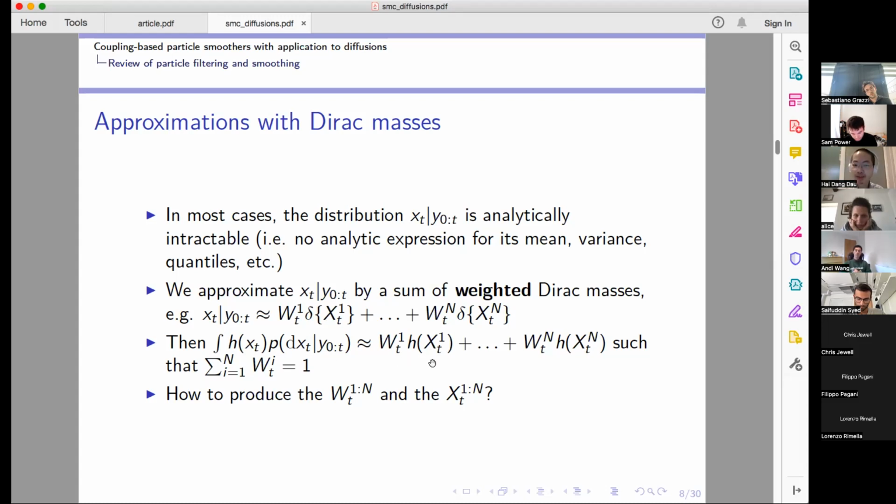It's just the sum of the test function h evaluated on the particles, weighted appropriately. So the question is obviously how to produce the weights Wt^1 to N and the particles Xt^1 to N.